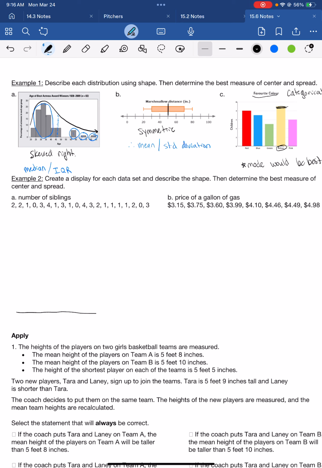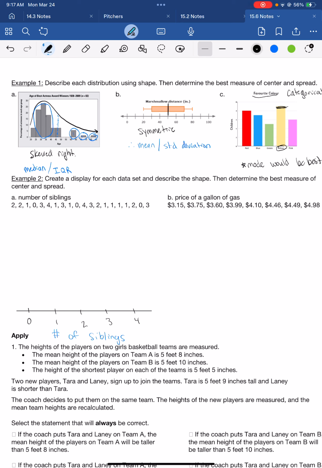So we can draw a line here, and down on the bottom we can label this 0, 1, 2, 3, and 4. And of course we have to put a little title on here, so we'll say number of siblings, and up on the left side is just going to be frequency.